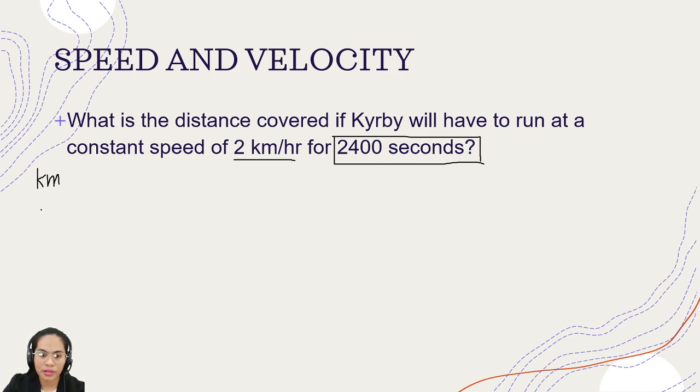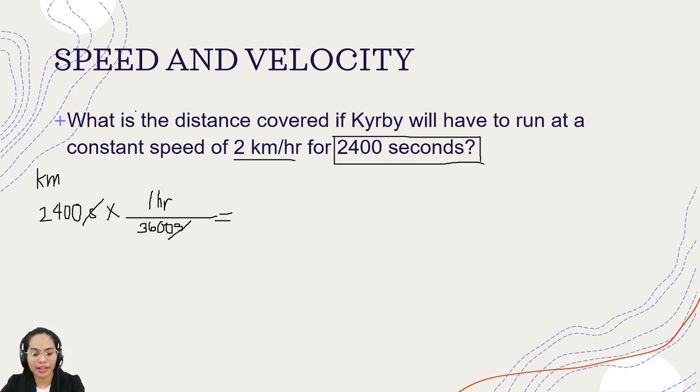So let's convert 2,400 seconds times, what's our conversion again? In every 1 hour, there are 3,600 seconds. So we just have to cancel the units para ang matirang unit ay hours. So we have here 2,400 divided by 3,600, which is 0.67 hours.